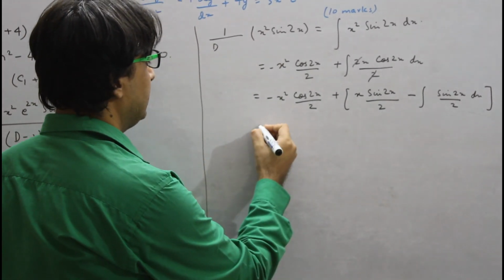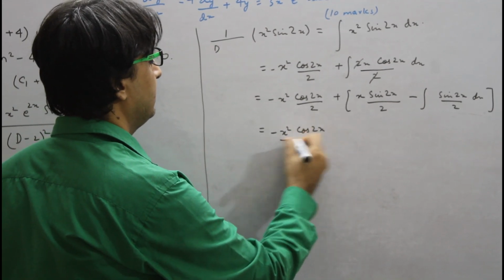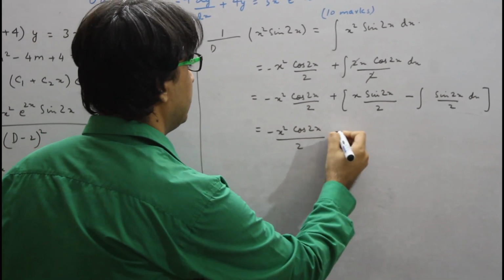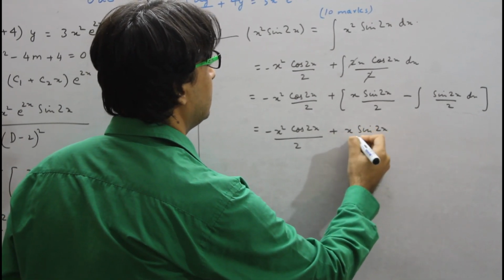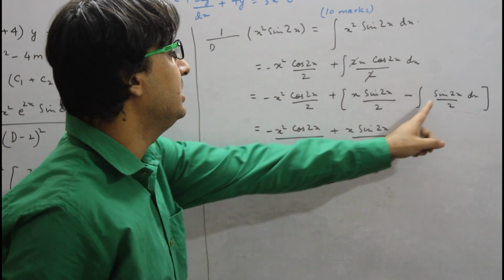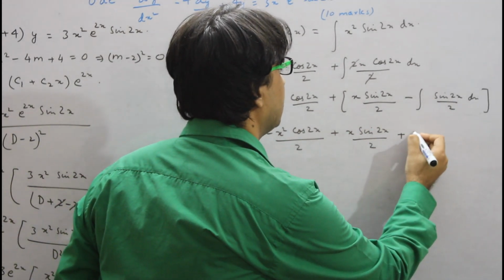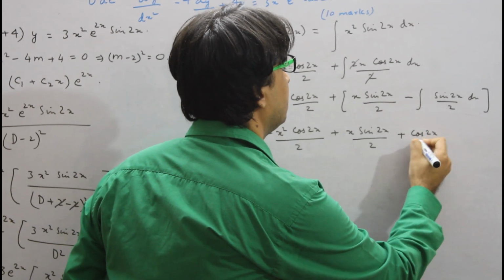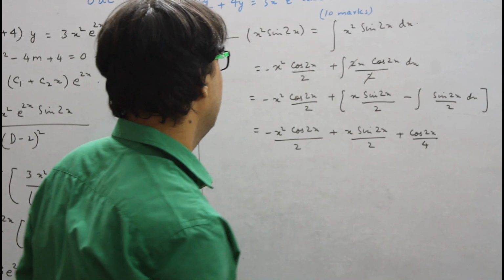So we get this as x square cos 2x divided by 2 plus x sin 2x divided by 2, and the integration of sine is minus cos, so minus minus becomes plus, and we have to divide by 2, so this becomes cos 2x by 4.